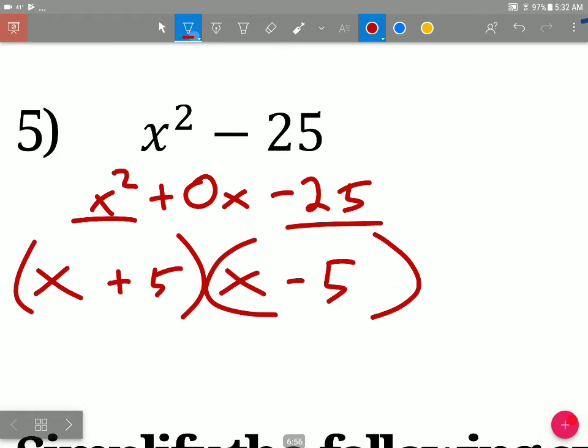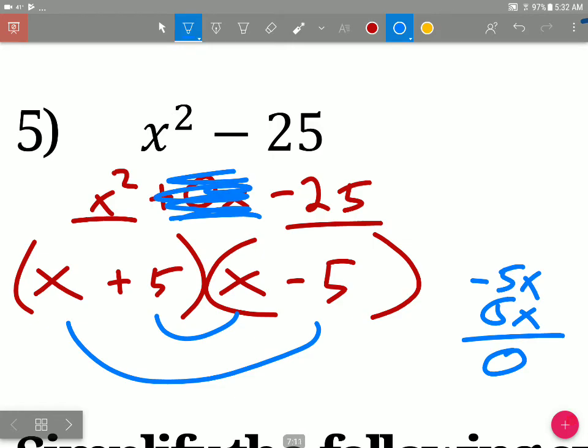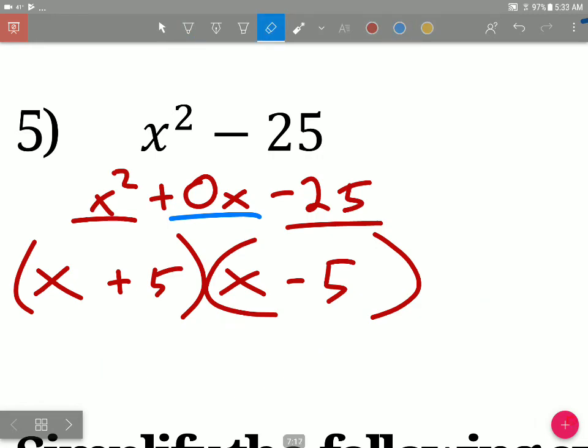Okay? So x times negative 5 is negative 5x. 5 times x is 5x. And those add up to 0, which is your middle term, which went away, which left us with that. Okay? So that is your answer.